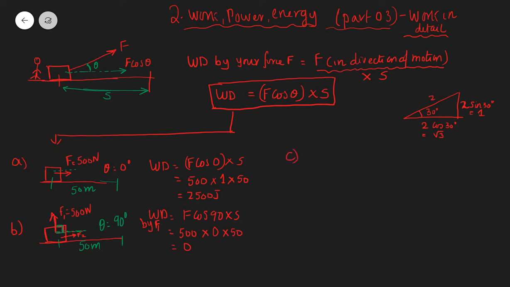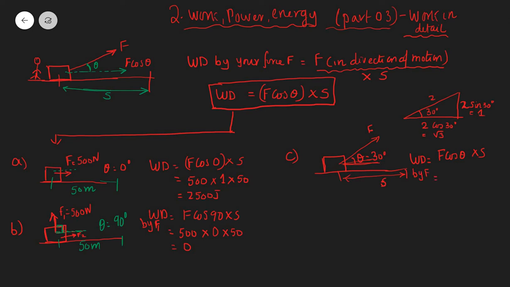C. So let's assume you have the scenario wherein you have force applied at an angle, and this theta is 30 degrees, and this is your F, and this is again your S. So in this case your work done would be F cos theta into S. By the way, when we say work done, it's work done by F always implicitly, right?